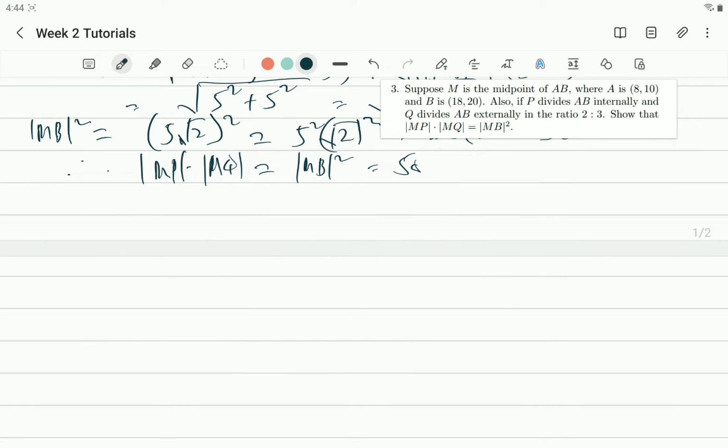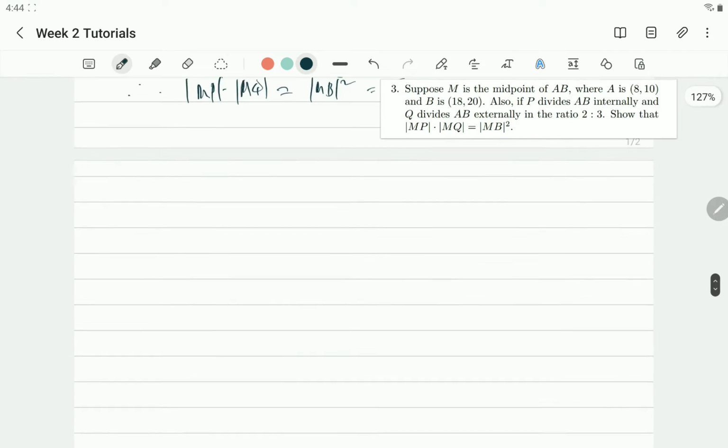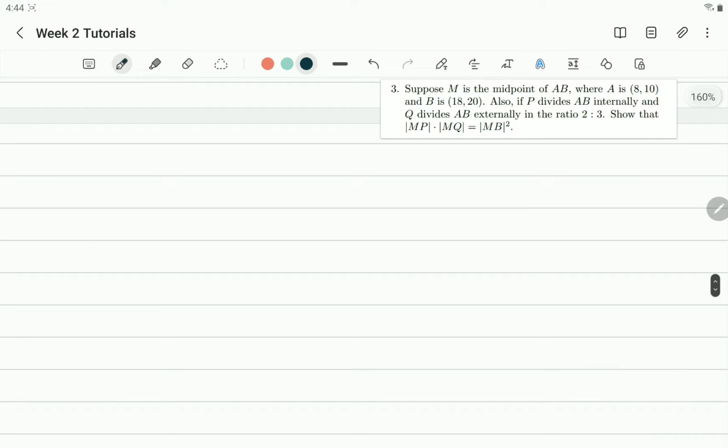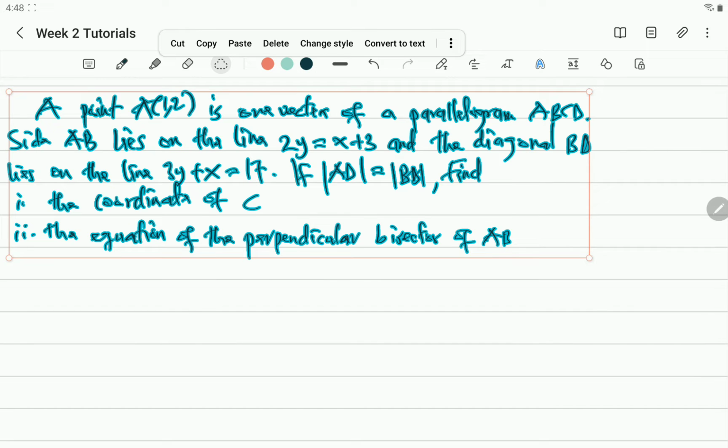For the next question, I will just have to type that question because I don't have it written yet, and it's a very interesting question. The question says a point A, which is 1, 2, is one of the vertices of a parallelogram ABCD.